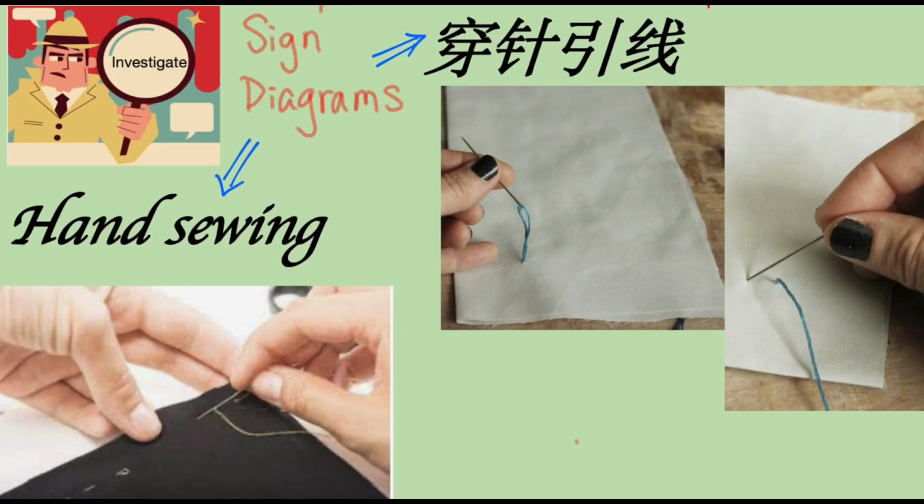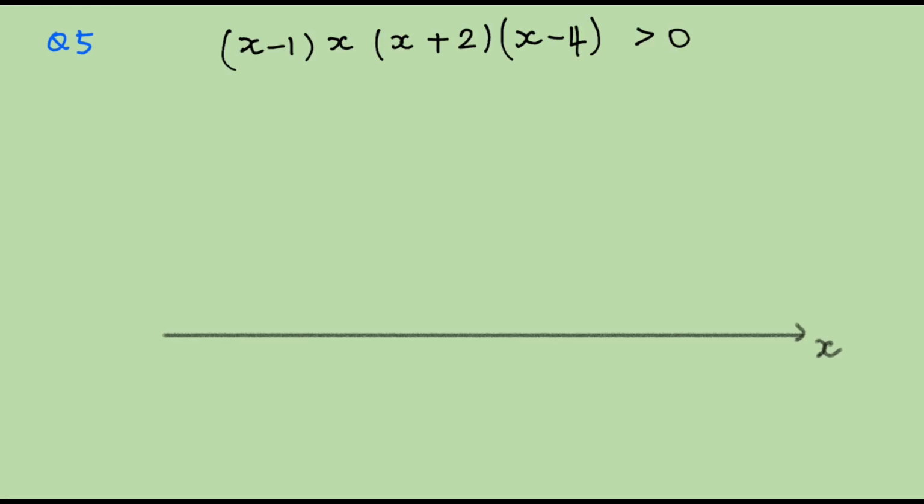Now let's conclude. Based on previous examples, we used the sign diagram to determine the sign, positive and negative. So the idea is similar to the activity of hand sewing. Now we are going to use this result to solve one more inequality.